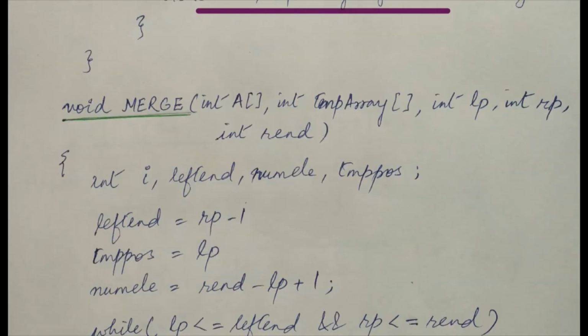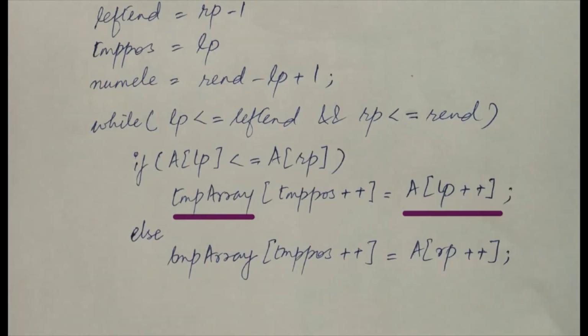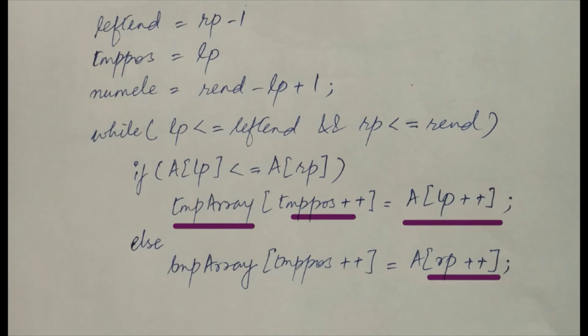So we have to increment it as well once you put an element. If the left element is not less than the right element, then the right side goes into the final temp array. Temp array is basically the final array where you're storing your sorted array. And this will continue while the left pointer does not reach its end or the right pointer doesn't reach its end.